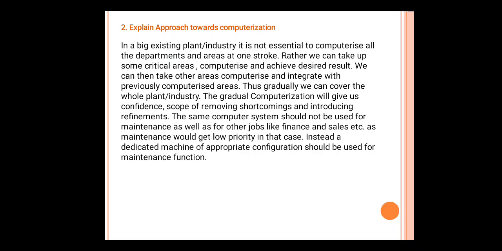Rather, we can take up some critical areas, computerize them and achieve the desired results. We can then take other areas, computerize them and integrate them with the previously computerized areas. Thus, gradually we can cover the whole plant.